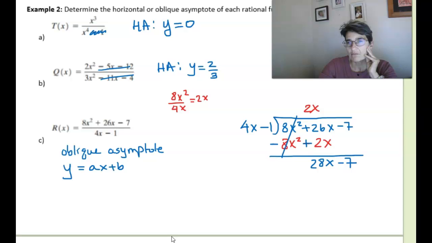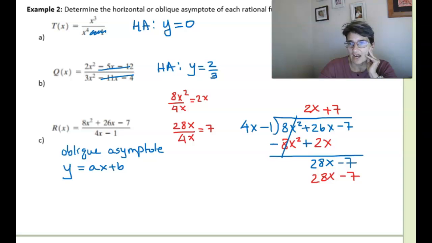Now you repeat the process. The leading term of this divided by the leading term of that: 28x divided by 4x gives me 7, so we put plus 7 here. You take that number and multiply by both of these terms. 7 times 4x gives you 28x, and 7 times -1 gives you -7.